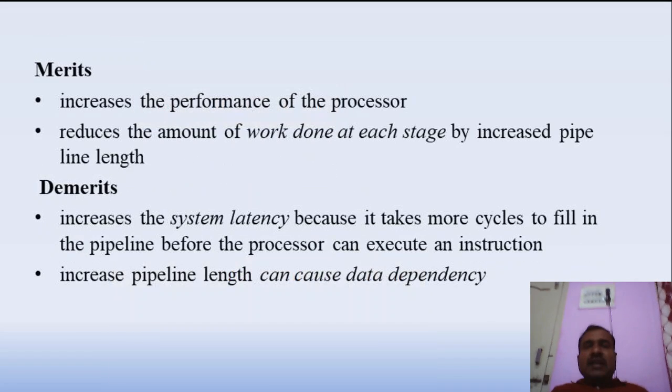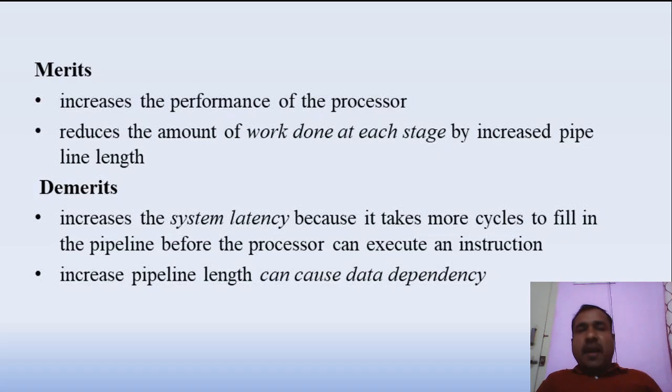So what are the merits and the demerits of this pipeline? Pipelining increases the performance of the processor. Yes, of course, because once the pipeline is filled, for every next cycle an instruction is executed. It reduces the amount of work done at each stage with increased pipelining. If you increase the pipeline length, say if I have a 5-stage pipeline, the work done at each stage is reduced because I have to break the instruction again.